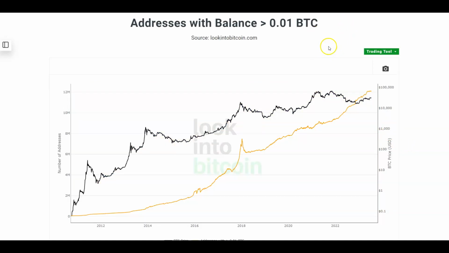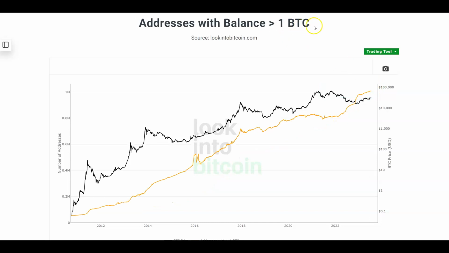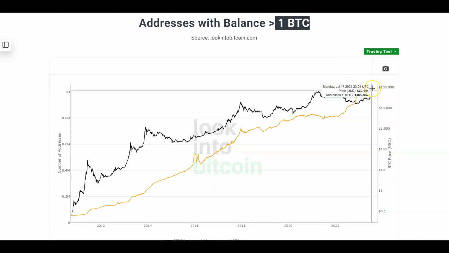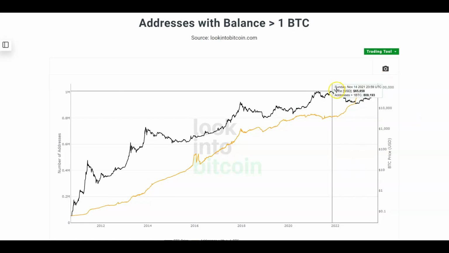Addresses with specific balances, also, again, not too useful to me from a, you know, telling me what exactly to do trade-wise, just sort of more of a curiosity and interest. Addresses with greater than 0.01 BTC continue to rise, over 12 million now. Addresses with at least one Bitcoin, over 1 million now. And you can see a big jump in those addresses after the FTX collapse.